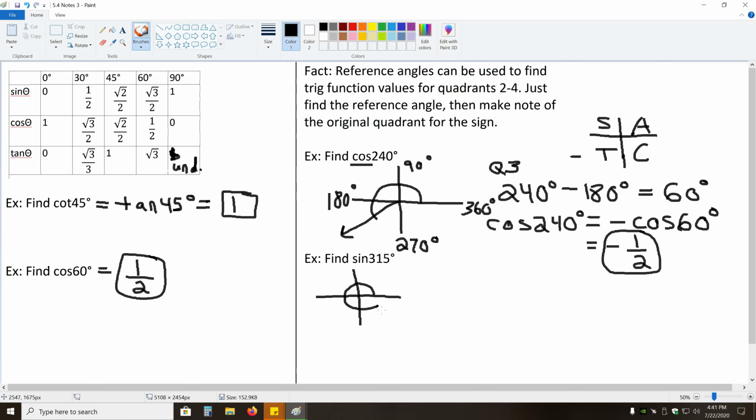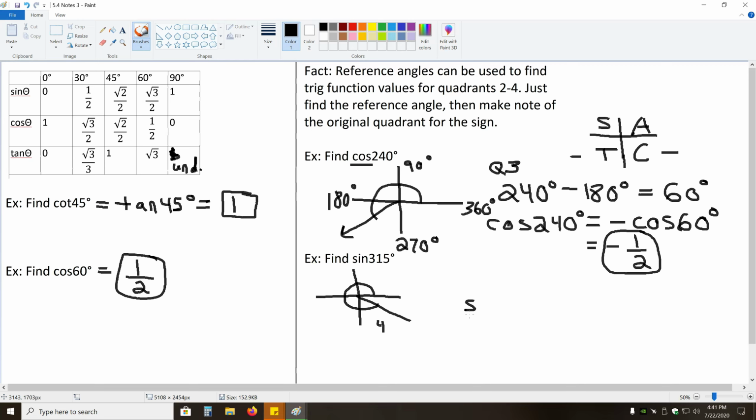So that means 315 degrees is right in quadrant 4. Since we're in quadrant 4, sine is going to be negative, since only cosine is positive in quadrant 4.